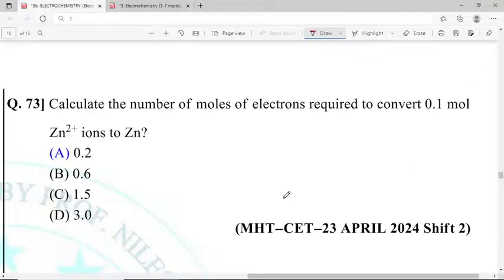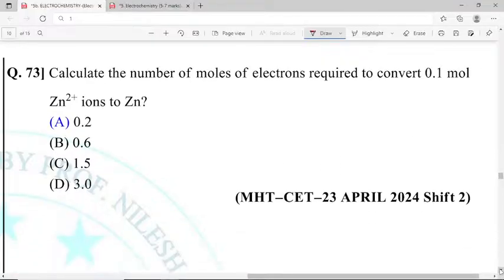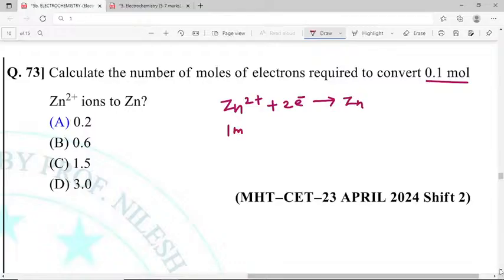Next question. Calculate the number of moles of electrons required for 0.1 mole zinc. So Zn2+ plus 2 electrons gives zinc. So 1 mole requires 2 mole electrons.